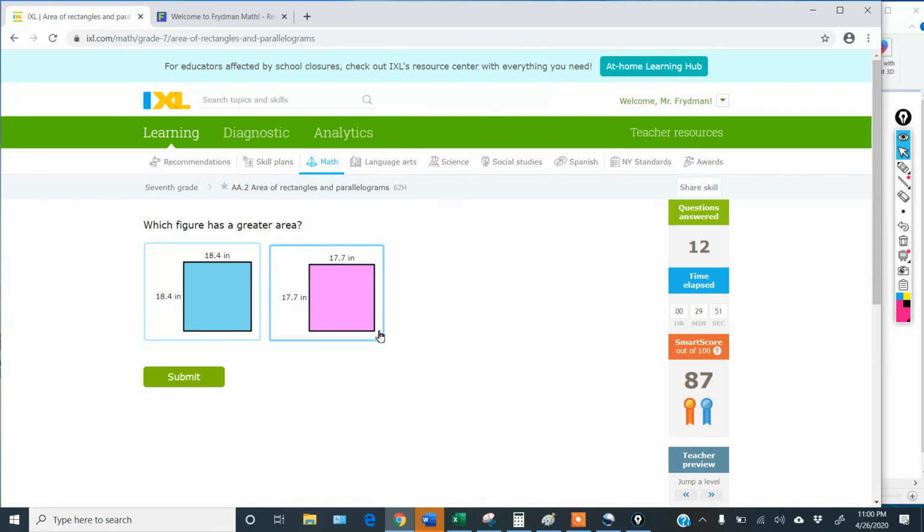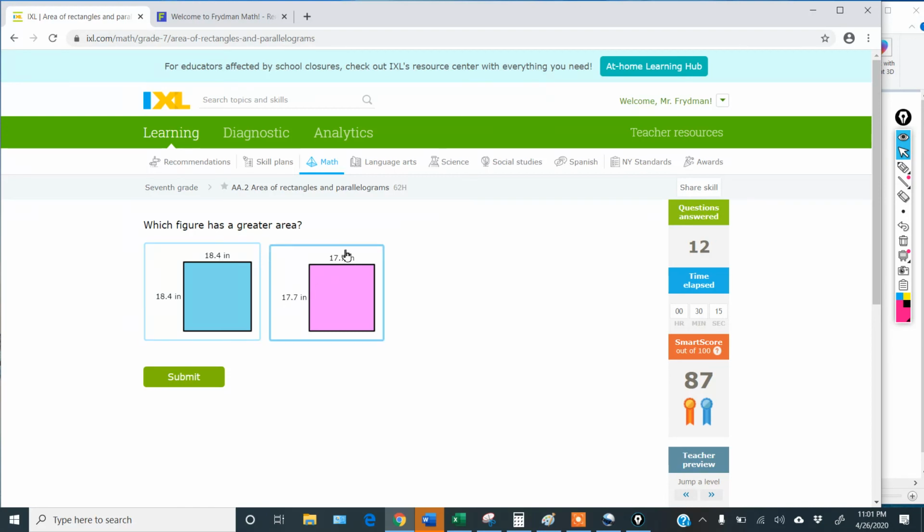The idea for these problems really is to try to do it without using the calculator or even without doing it by hand and just by reasoning it out. So here I have to do 17.7 times 17.7. Here I have to do 18.4 times 18.4.